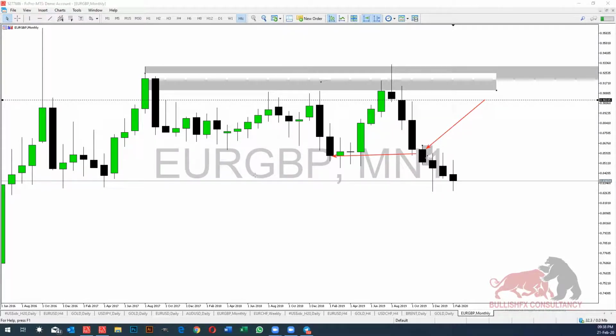So now, when price came back, you highlighted and said, okay, our demand has been breached. So that level is no longer demand, but it's now valid as a supply zone. Hello? Properly here.